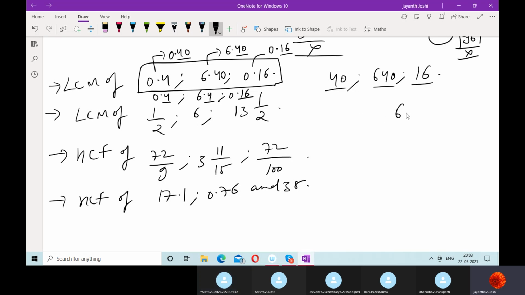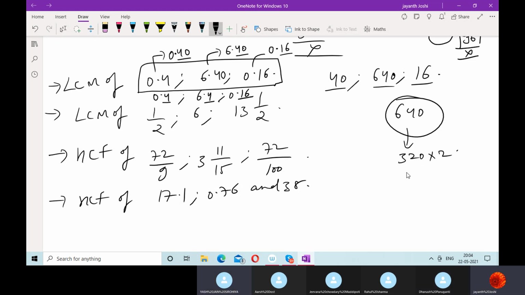So what's the LCM? Why is 640 the LCM? Can I write 640 in this way: 320 into 2? Can I write this?